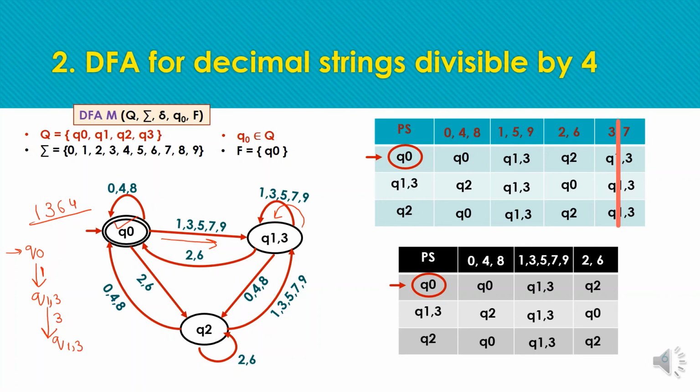For the next input 6, from this state we are moving back to the state q0, and for the last input symbol 4, from this state we have a self loop. So we are at q0 itself, and as q0 is the final state, the string is accepted by the machine. So in the exam it is always appreciable if you show the acceptance of one of the strings.